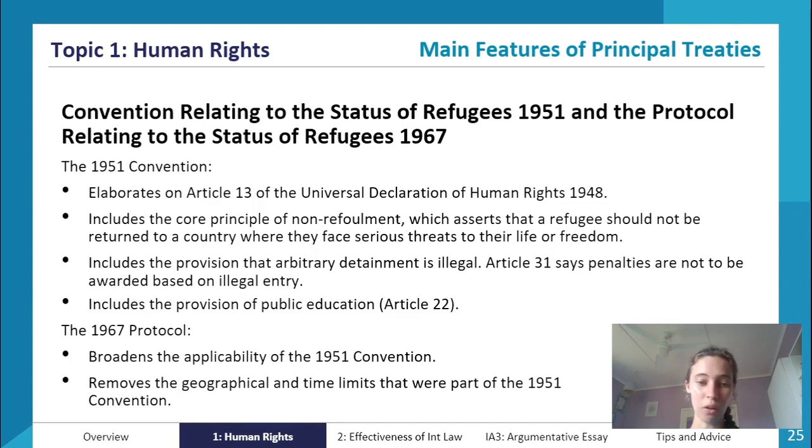Now, the protocol, it broadened the applicability of that 1951 convention. So something that was in the convention was some time limits and geographical limits that made it a little bit more complicated.